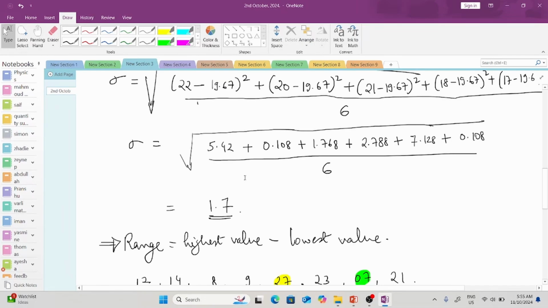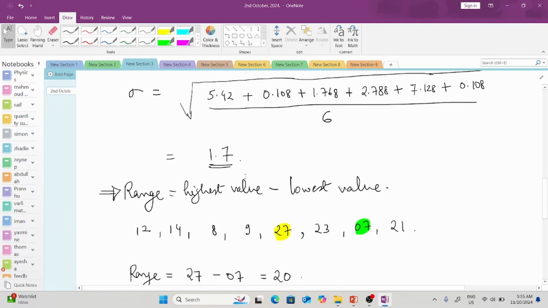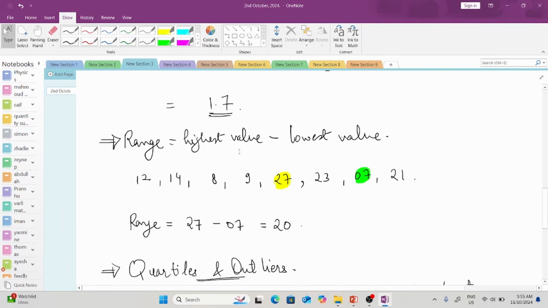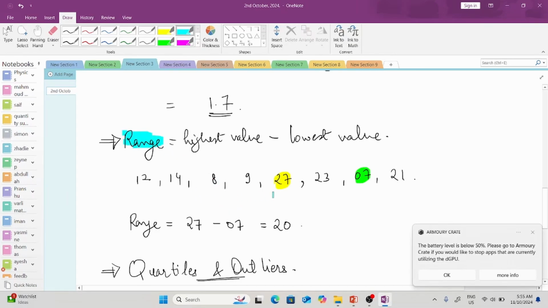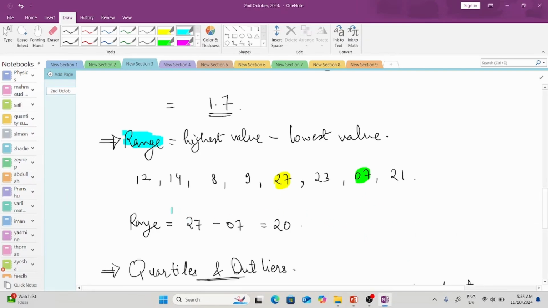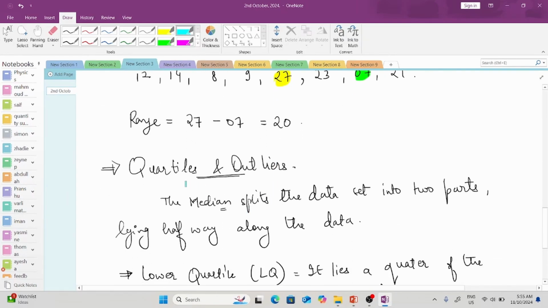So this you need to know. Now there are a few more terms you need to know. Range is nothing but the highest value in your data minus the lowest value. Then we have quartiles and outliers.